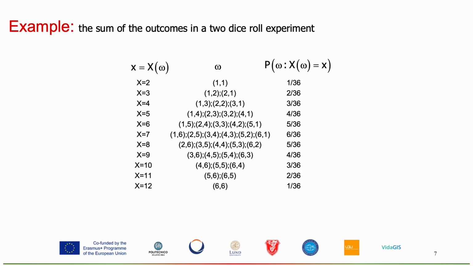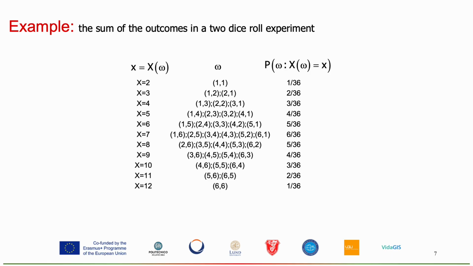Let's suppose you have two launches of two dice, or two consecutive launches of one die, and write the possible outcomes in terms of the sum of the extracted faces. So X equal to 2 is generated only by the event 1, 1.